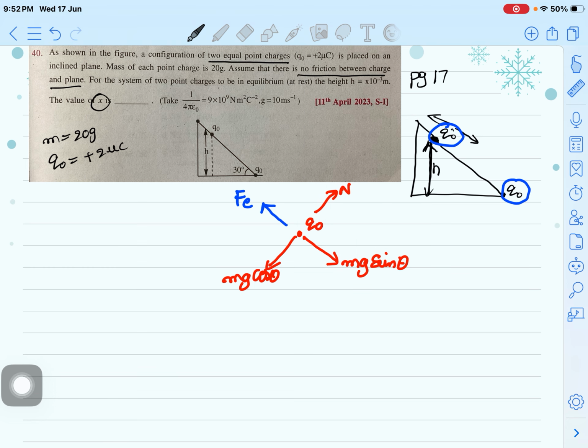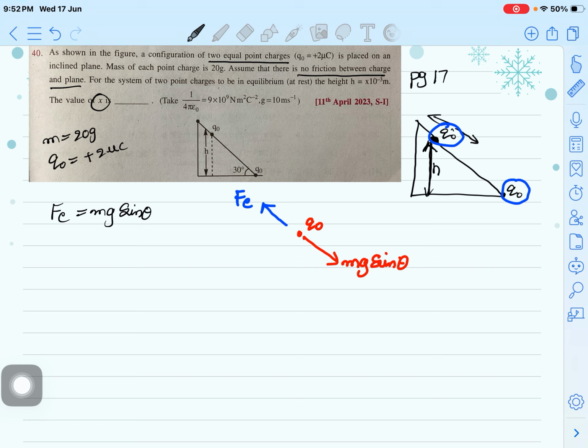Now N and mg cos theta are cancelled, so we can remove them. The remaining forces on this Q naught are simply Fe and mg sin theta. If we balance Fe and mg sin theta, the system will be in equilibrium.